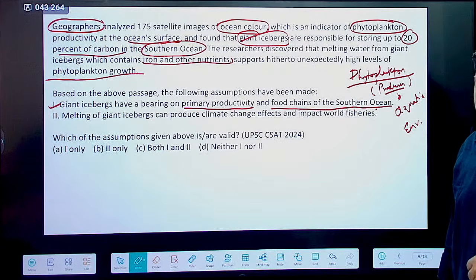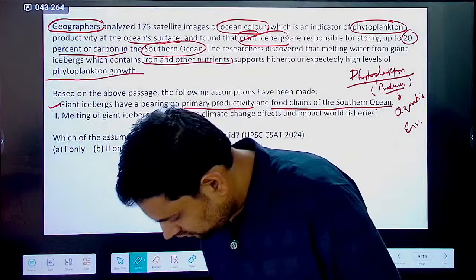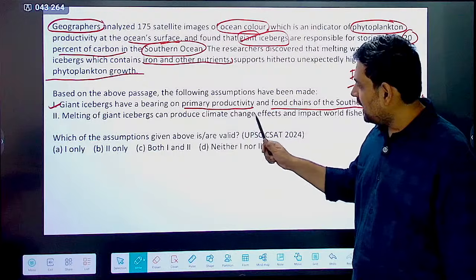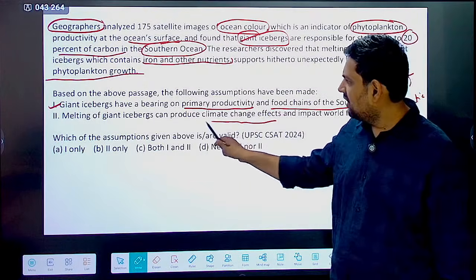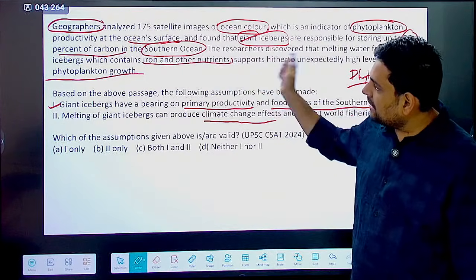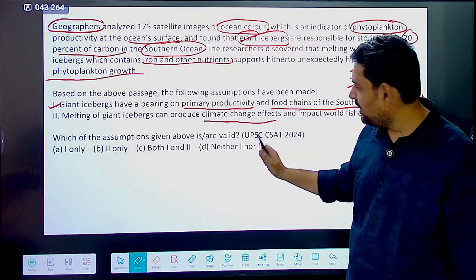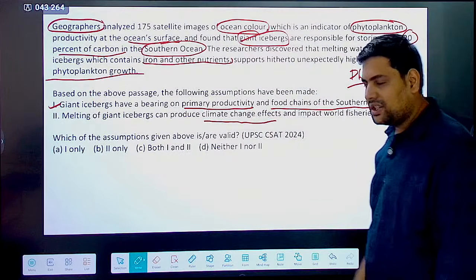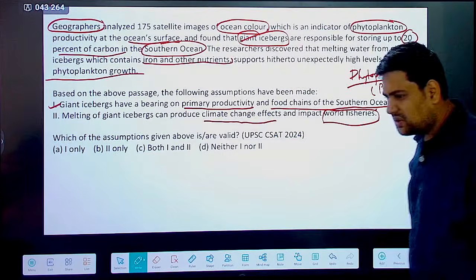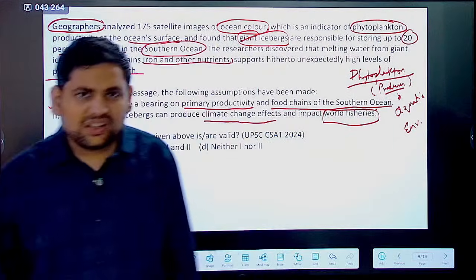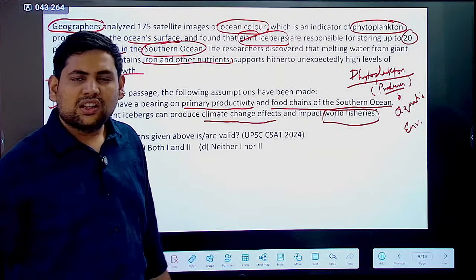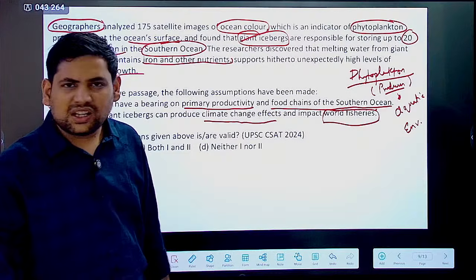Now, second statement, melting of giant icebergs can produce climate change effects. Yes, this is also fine, because it is storing 20% of the carbon. So we'll have climate change impact. Now, and impact world fisheries. The institute said this was mainly about the southern ocean. So impacting world fisheries is a little far off claim, which is okay reasoning.